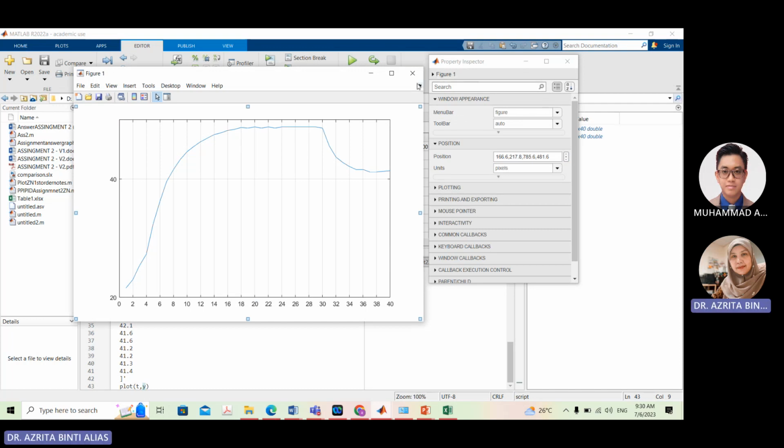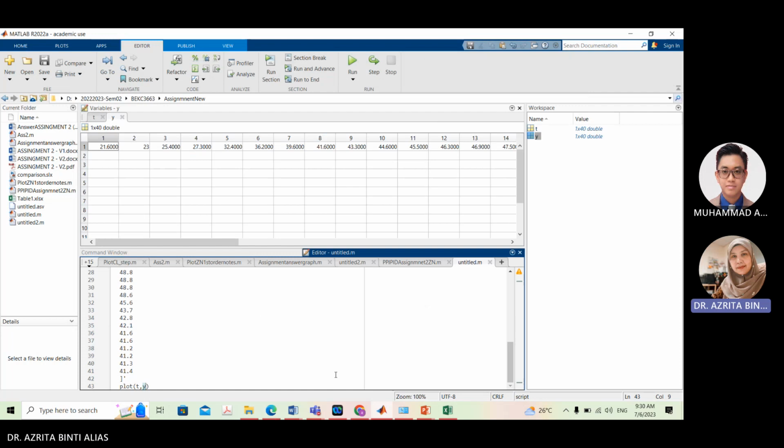Tak buatlah. Boleh? Saya tak tahulah. Dia dah pening kan?